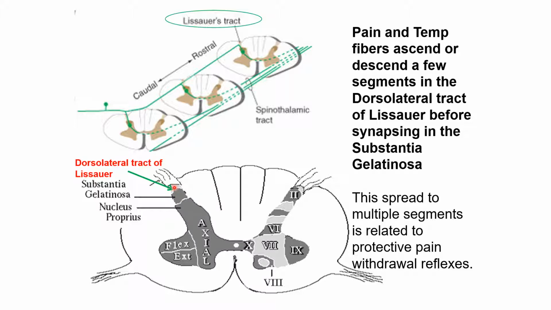That carries fibers up and down a couple of segments in the spinal cord before they synapse in the substantia gelatinosa and then eventually travel to other locations. This spread along the dorsolateral tract of Lissauer enables protective pain reflexes, that are withdrawal reflexes, to utilize multiple segments to carry out those reflexes.